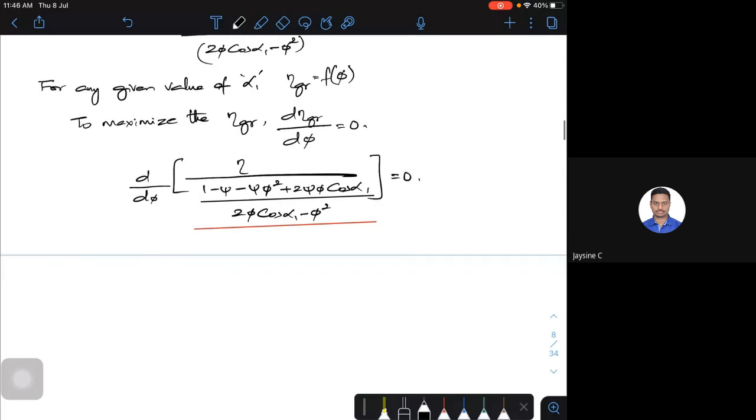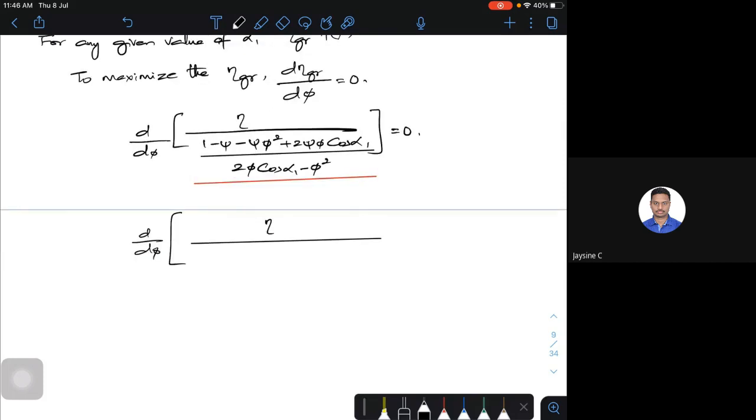See, I can write it in this particular form. That is d by d phi is equal to the nozzle efficiency divided by, I can write 1 minus psi outside, whole thing divided by, so this particular thing I have to write in a different way.